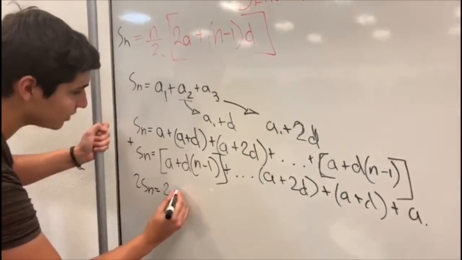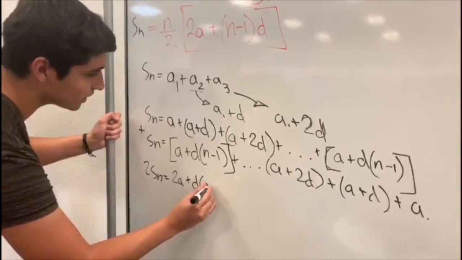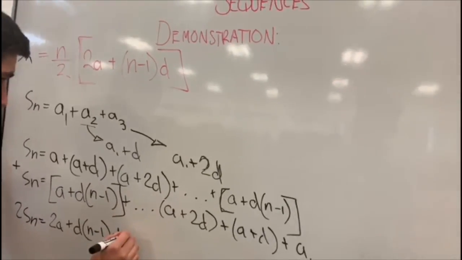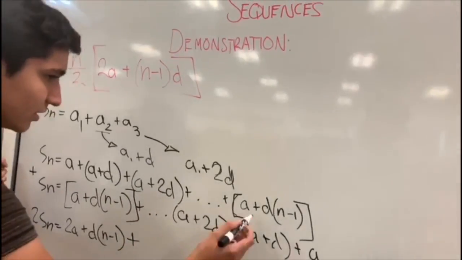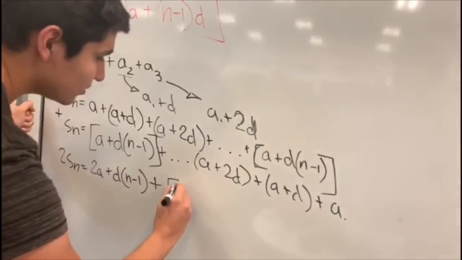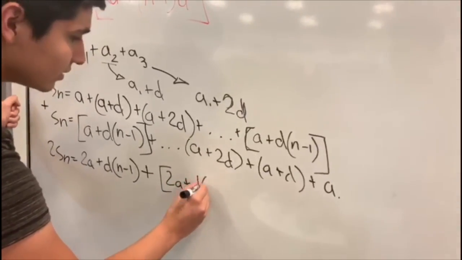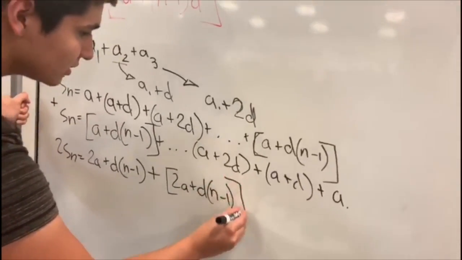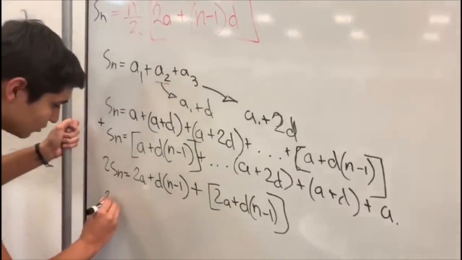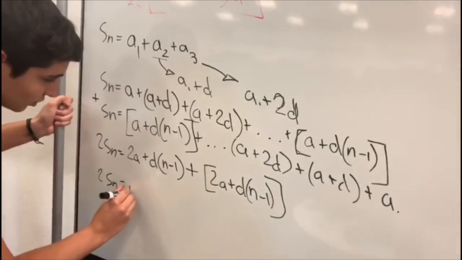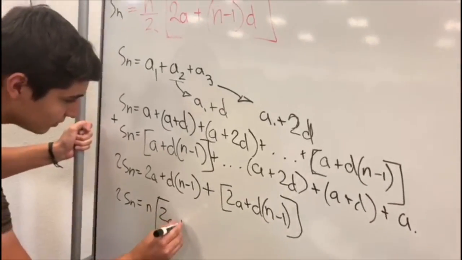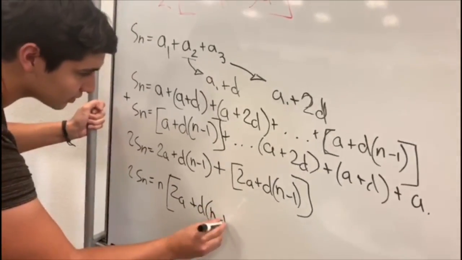Then we're going to sum these two series, and it will be 2Sn equals A plus this term, so it will be 2A plus d times n minus 1, plus these two terms, that will be 2A plus d times n minus 1. Since there are the same terms, we can just leave it as 1, multiplying by n. We're going to have n times 2A plus d times n minus 1.